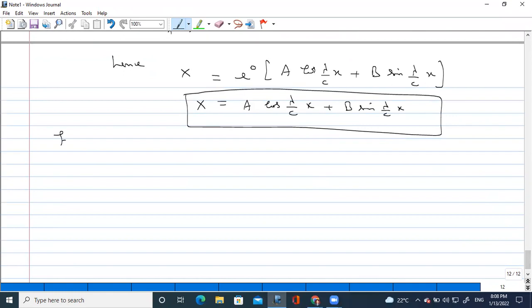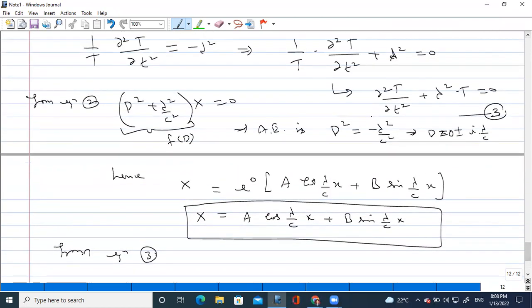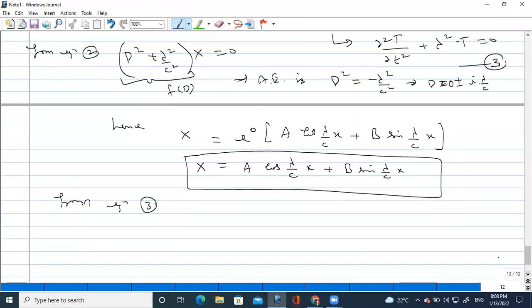So from equation 3, that equation is D square plus lambda square into t equal to 0. So the auxiliary equation will be D square plus lambda square equal to 0. So D equals plus minus i lambda.